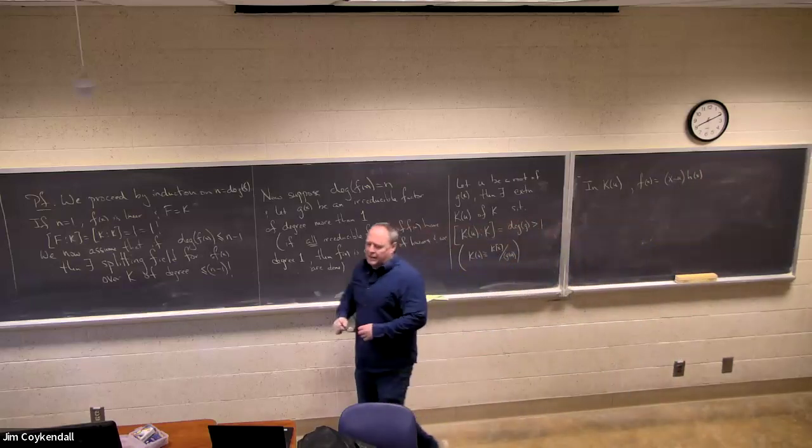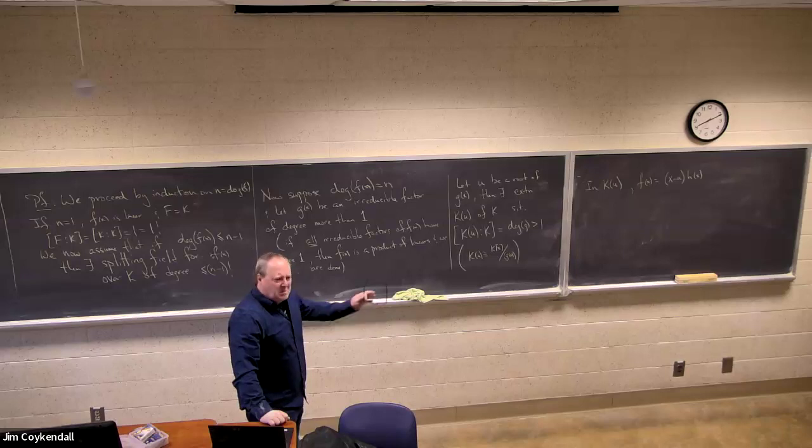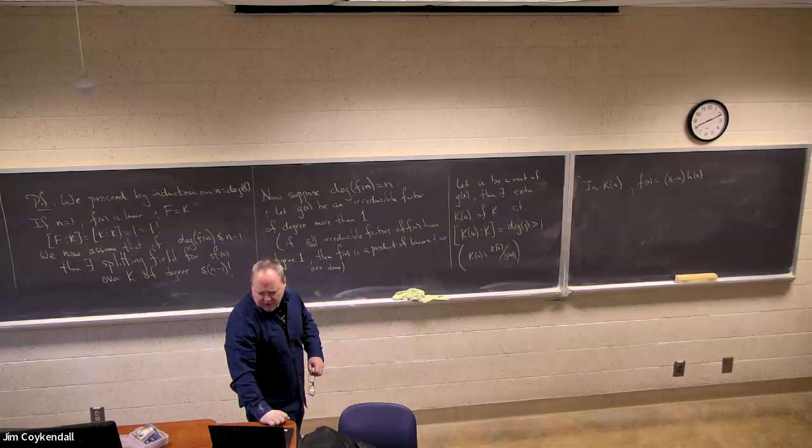I don't know much, but I know that it's at least got a factor of x minus u. It might have more linear factors, but I don't care about them. I'll just put them all together with whatever I call h of x.